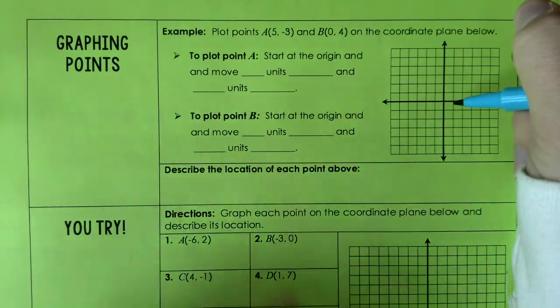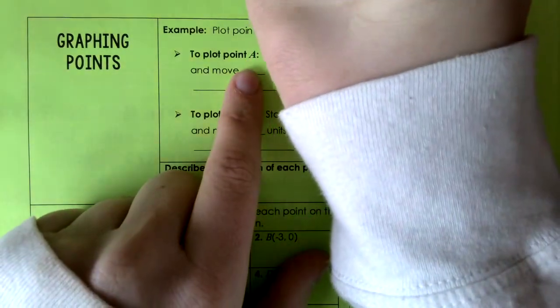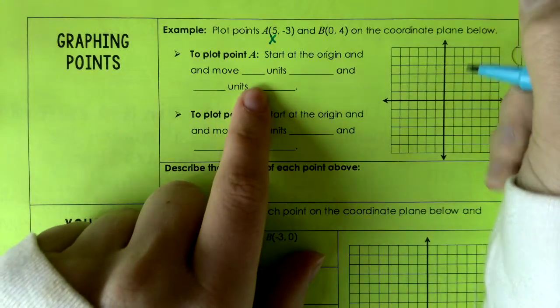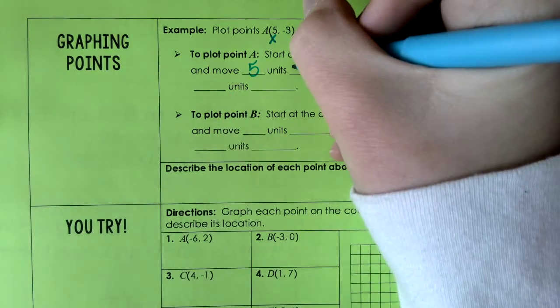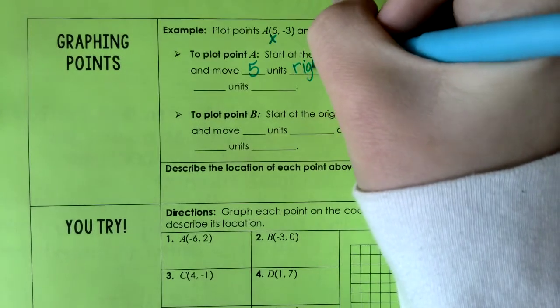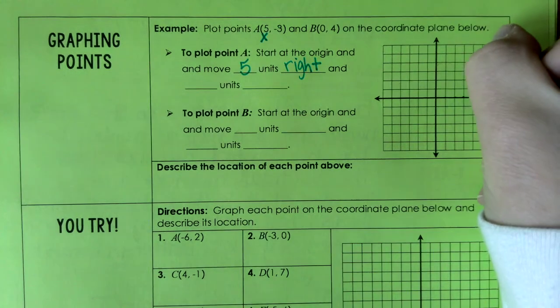So we always start at (0, 0). Now I'm going to move my x first. I'm going to move 5 units, and since it's positive, I'm going to move 5 units to the right: 1, 2, 3, 4, 5.